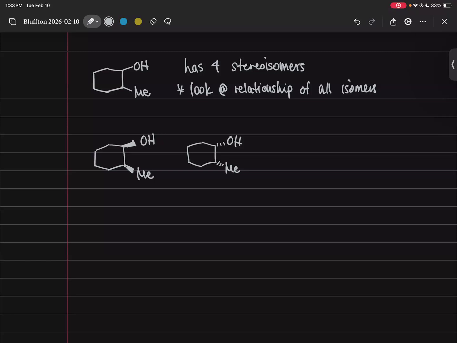I just coincidentally drew a hexagon, but that's a whole other can of worms. So these two are both on a wedge or both on a hash. We can also have 2 where they're different: the OH on a wedge and the methyl group on a hash, or the other way around, OH on a hash, methyl group on a wedge.